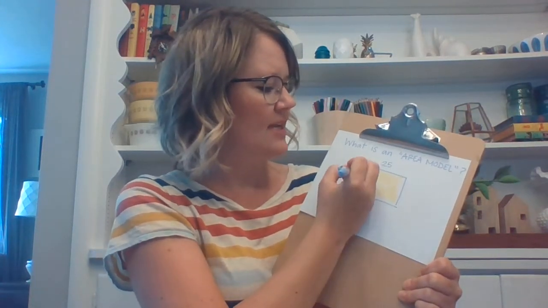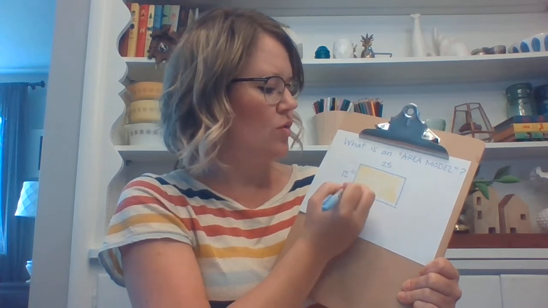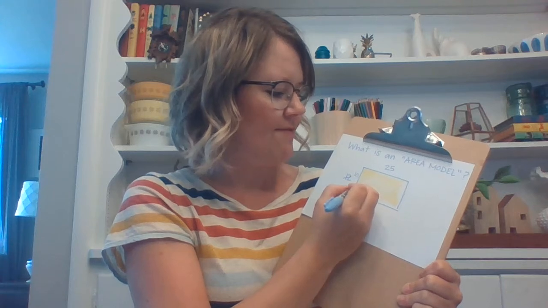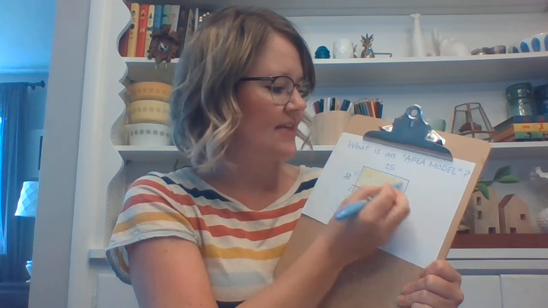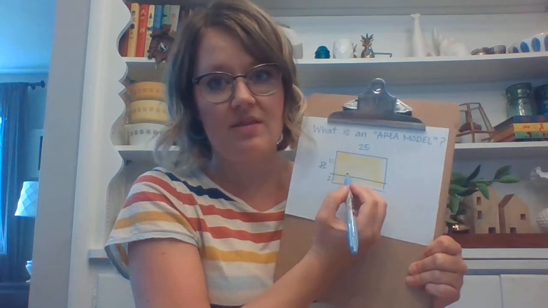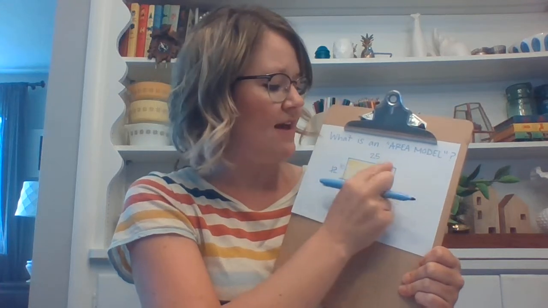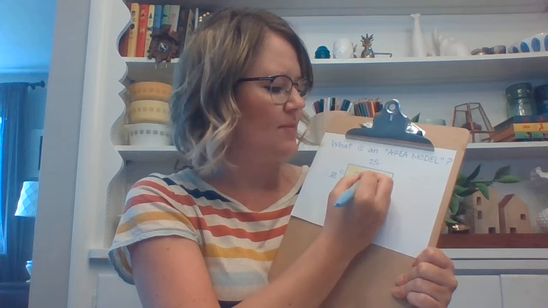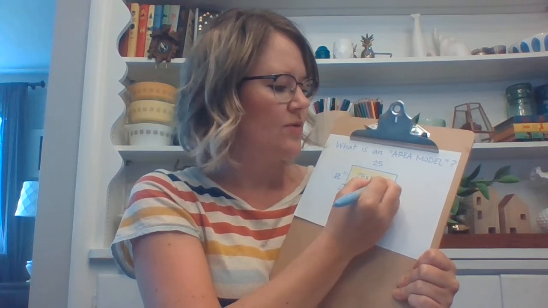So let's pretend this is only 10 feet and this is 2 feet. I can find the area of this section up here because it would be the part of the room that is 25 by 10. And 25 by 10 is easy for me, equals 250. So basically I'm just breaking it into chunks to make it simpler.